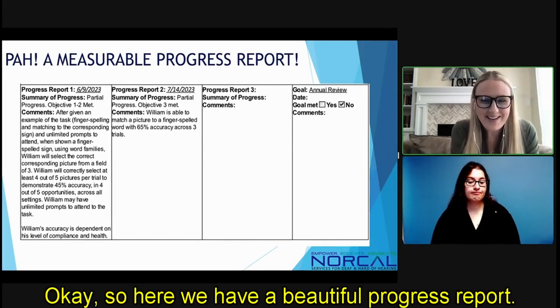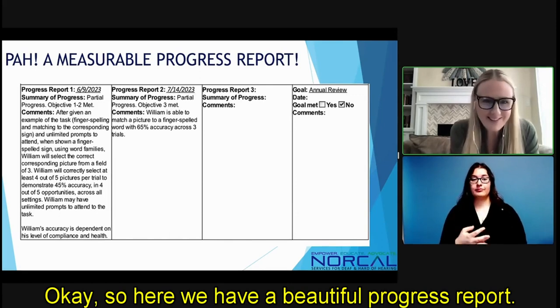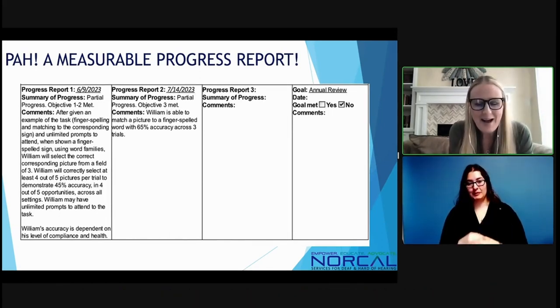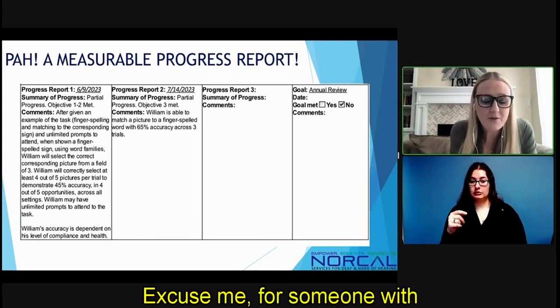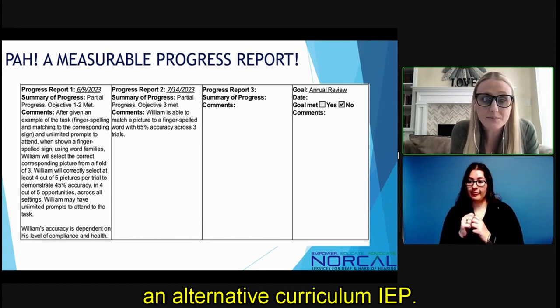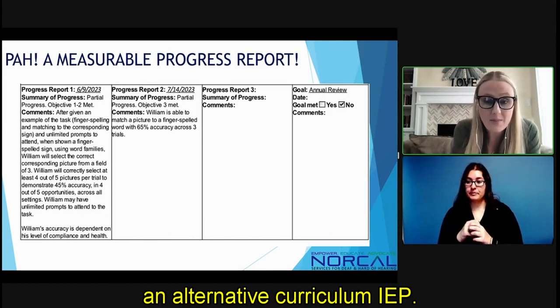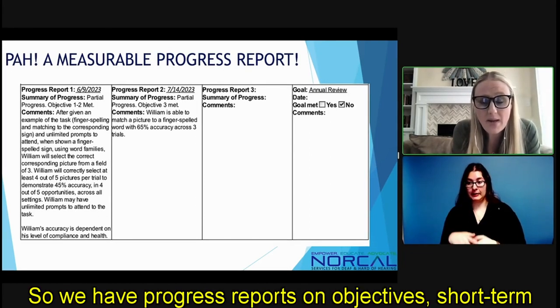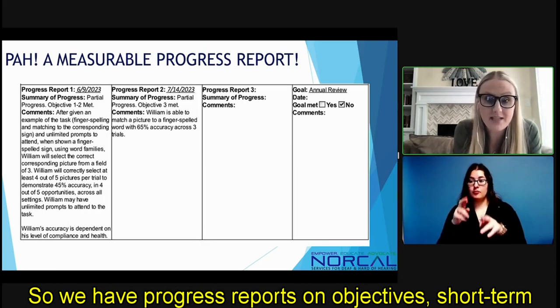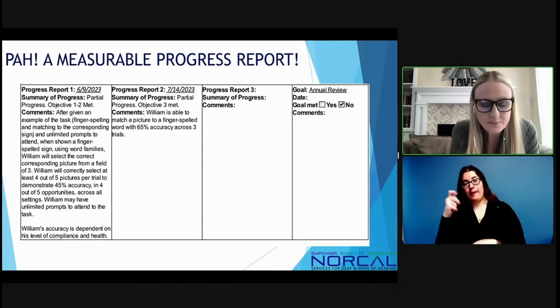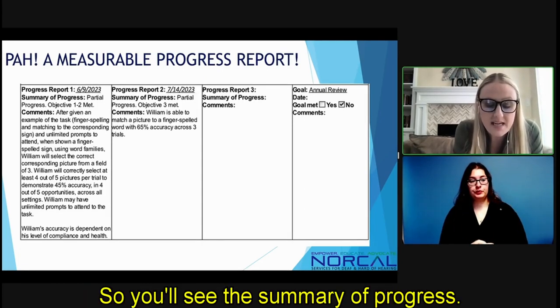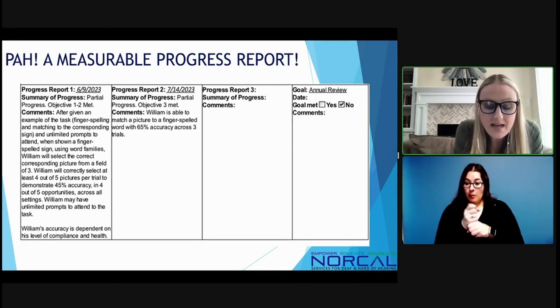Okay, so here we have a beautiful progress report. This is actually a progress report for someone with an alternative curriculum IEP. So we have progress reports on objective, short-term objectives, as well as their overall IEP goal. So you'll see the summary of progress.